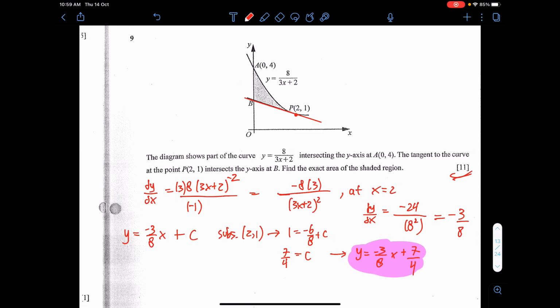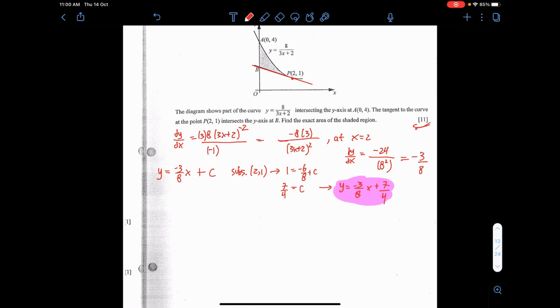Yeah, so if you want to do the integration to get the area, you are integrating the top curve minus the bottom curve, from 0 until 2.